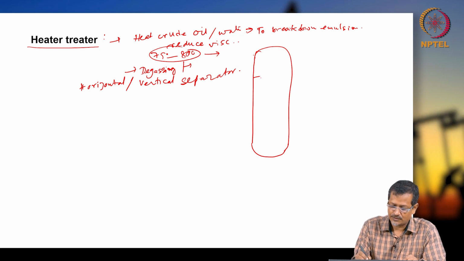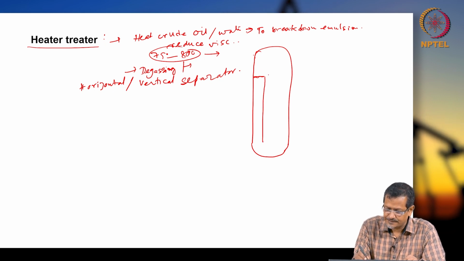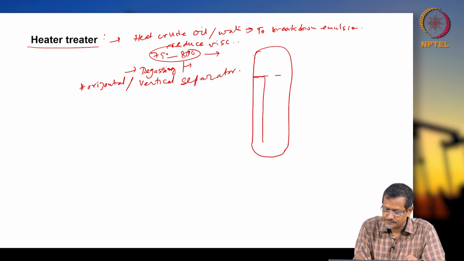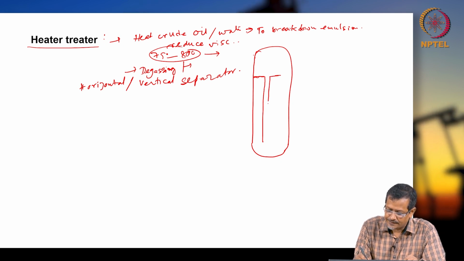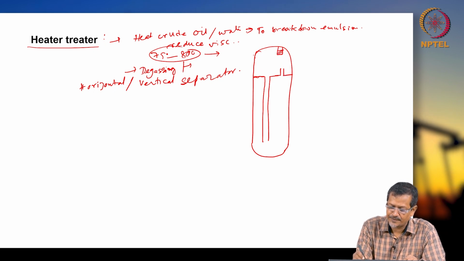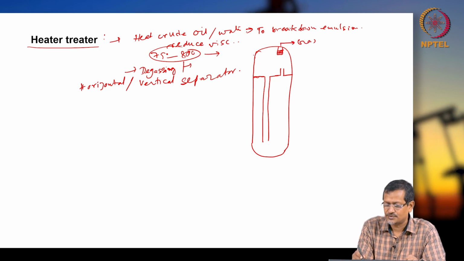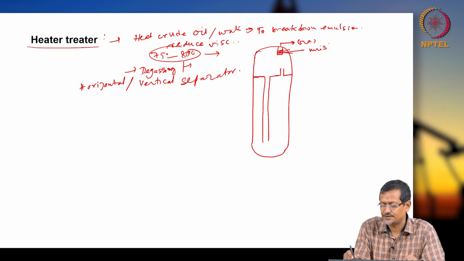Okay, so it will have one downcomer. The downcomer will be coming like this. And there will be one chimney. And you already know there will be one mist extractor. This is the gas outlet, so this is called the mist extractor or demister.